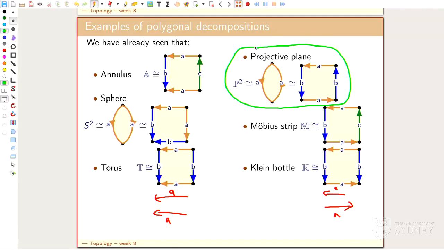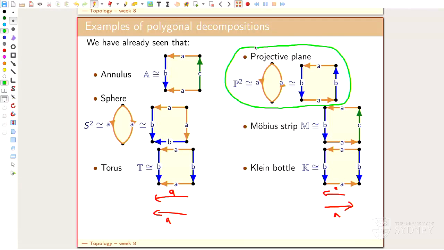Take a piece of paper and try to glue it together using those rules. That's essentially impossible, which kind of tells you why this space is so difficult. So you need to put in a twist for B and for A. Right? So if you just put in a twist for A, you get the Klein bottle, which is a bit easier. But now you need to twist both, and this is a slightly more complicated space.